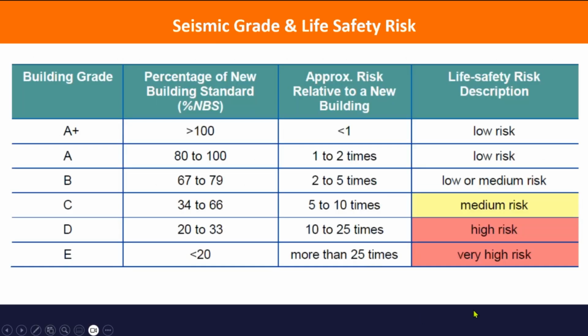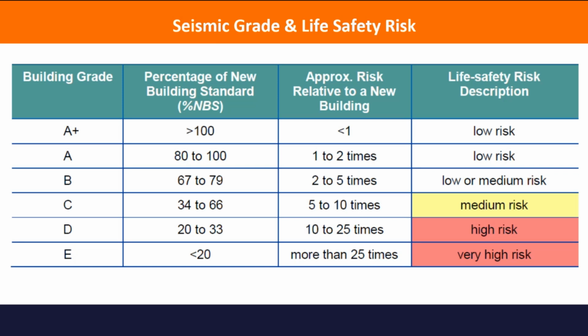So you're given a seismic grade that translates into a risk. If your building is A+, you've got more than 100% NBS, you're good to go. You've got a low risk building. If it's seismic grade D and E, which means you've got somewhere between 20 and 33% NBS, then you're looking at high risk or very high risk.